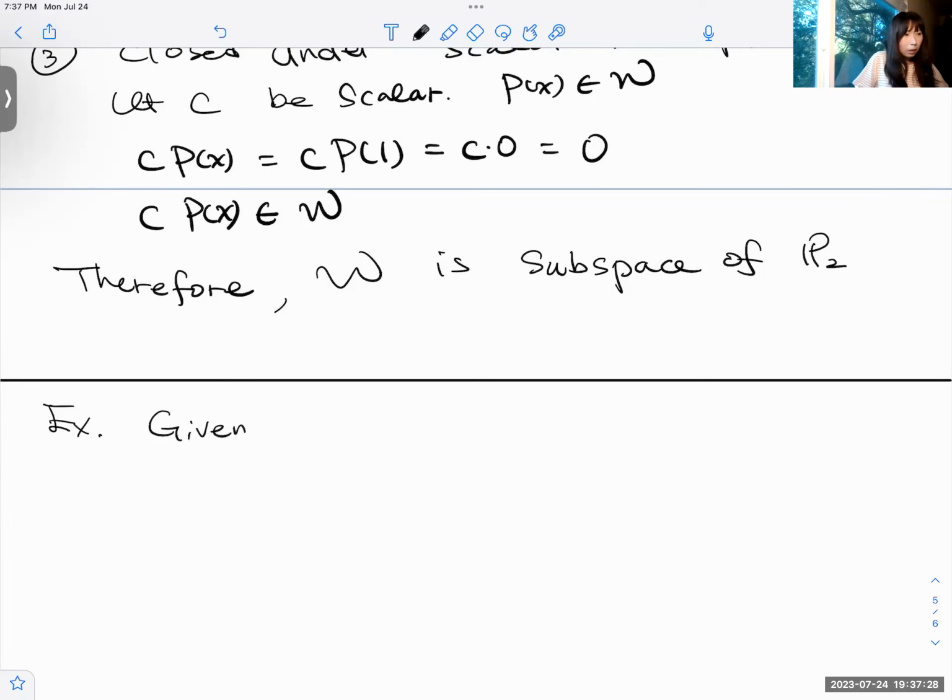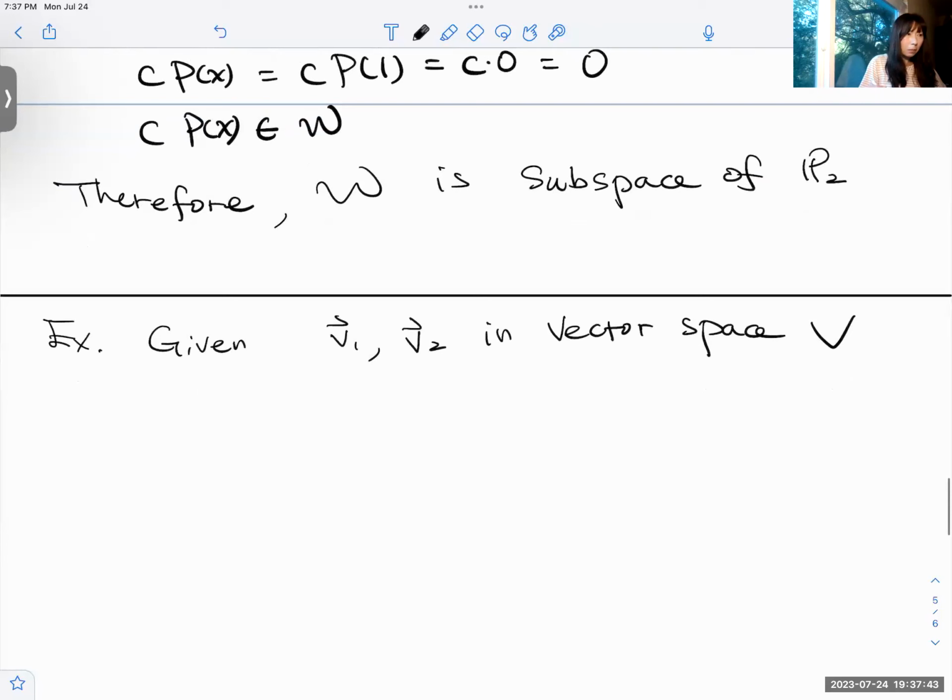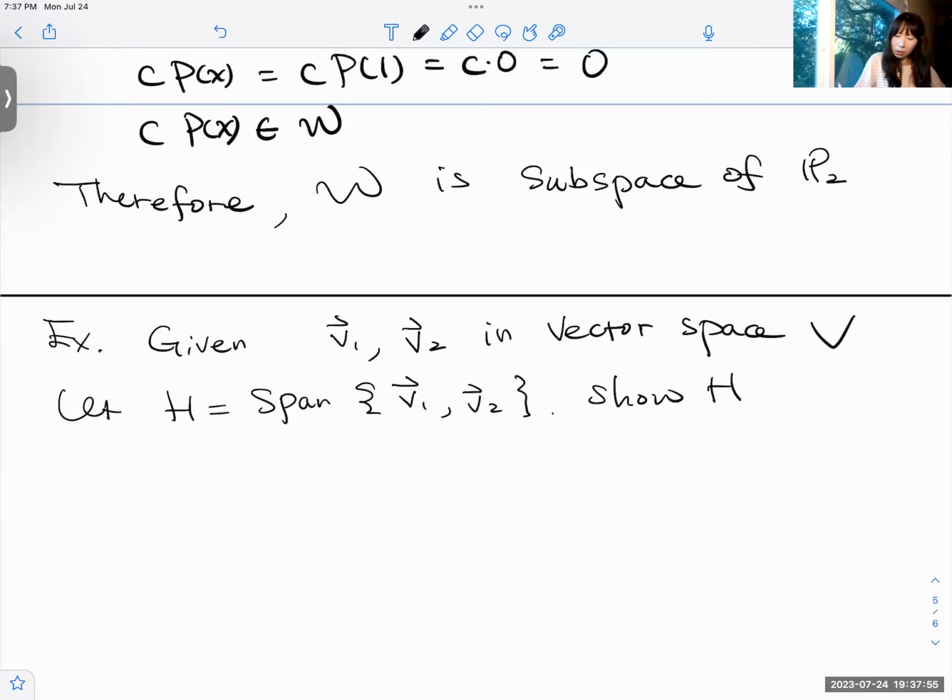Given V1, V2 in vector space V, let H be the span of V1, V2. Show H is a subspace.